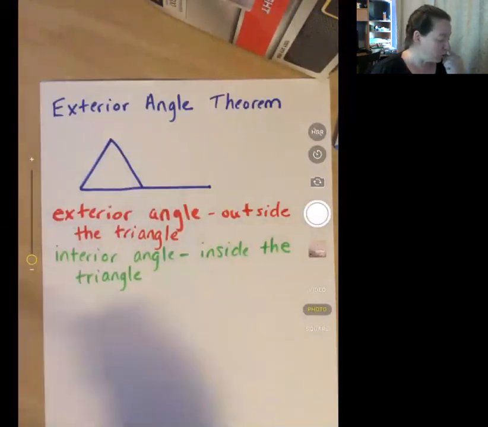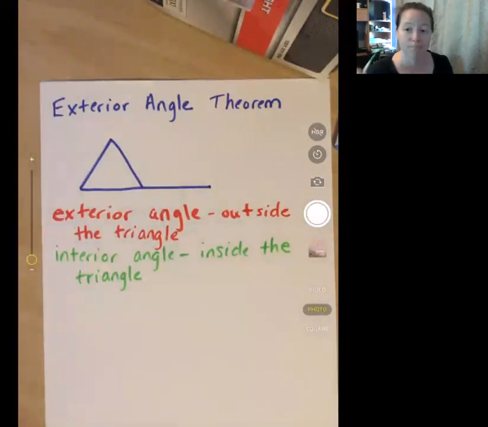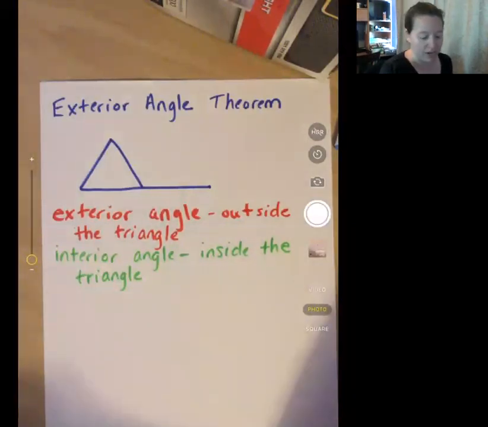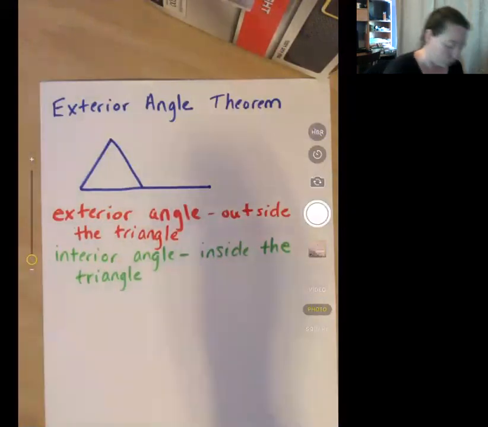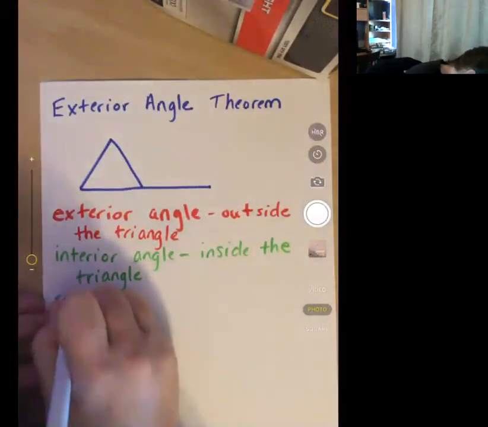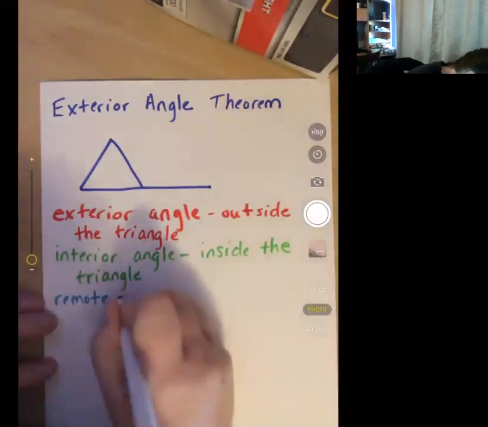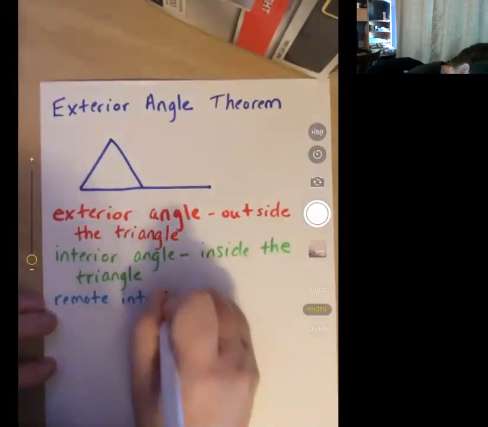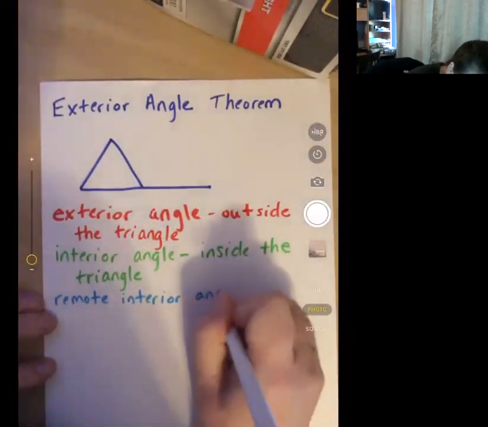Now, what they keep talking about is the remote interior angles. Let's write that one down too. Remote interior angle.